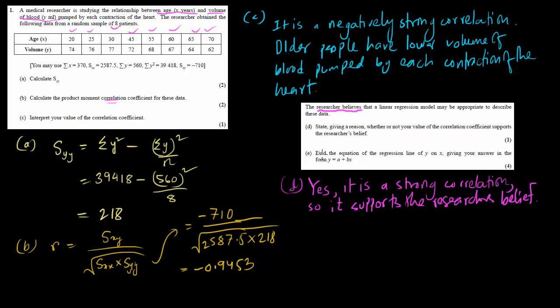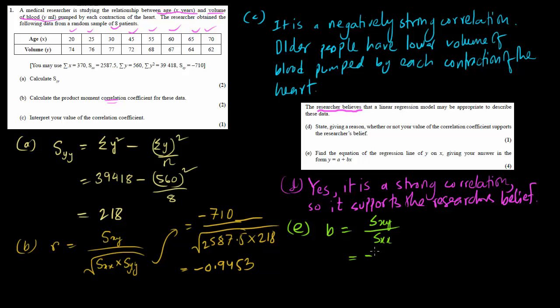The next question is, we have to find the actual regression equation, and there are some rules for that. The equation itself is y equals a plus bx. Now we have to find the value of b first. So b equals sum of xy divided by sum of x squared. We don't need the value of sum of y here.